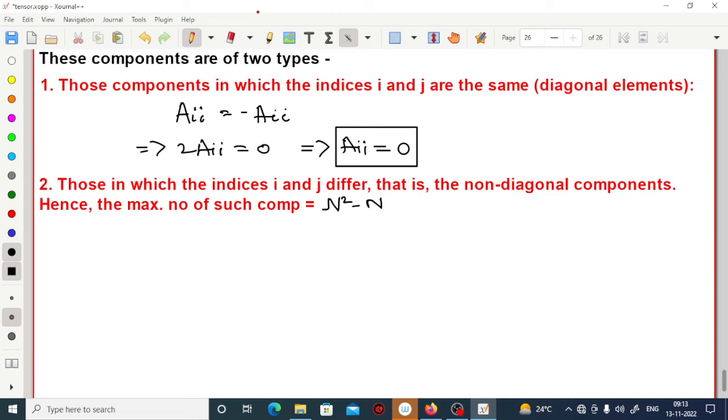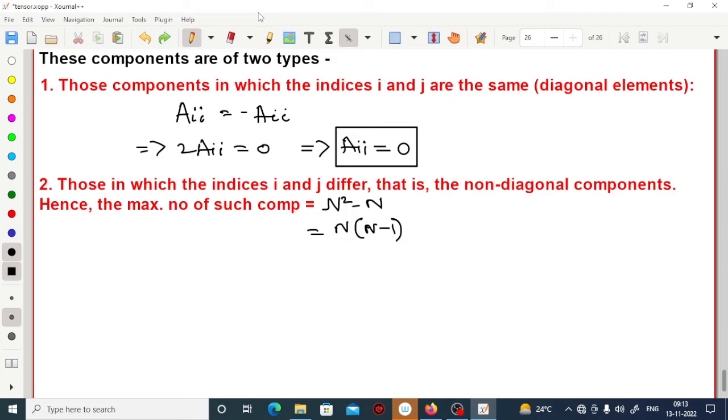So in the diagonal there are n number of elements. So n number of elements is already taken care of. That is why it should be n into n minus 1. But once again, how many distinct components are there? Because a12 and a21 are same, so the number of distinct components is divided by 2.